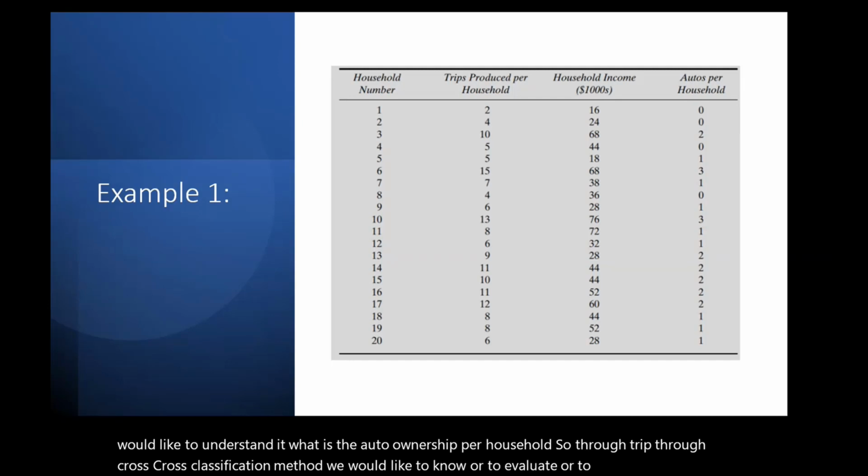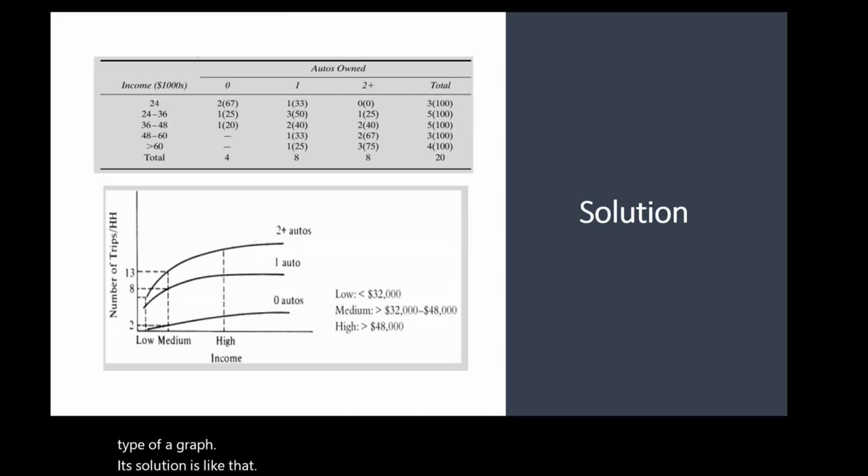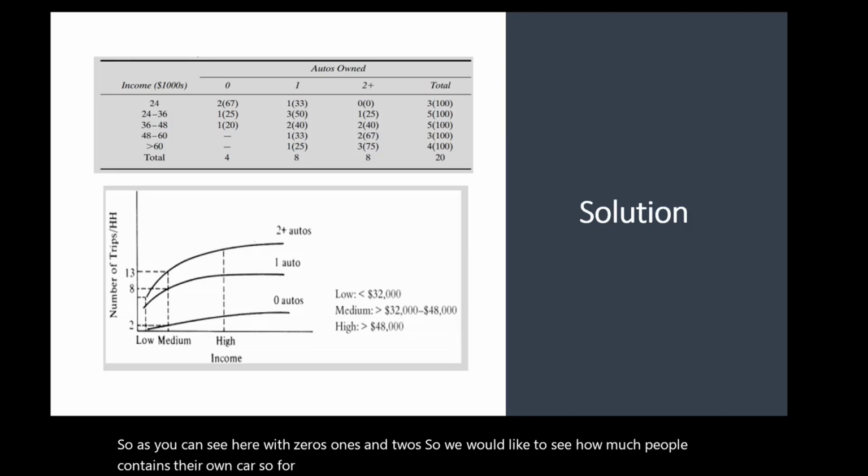of graph. Okay, its solution is like that: we categorize it into different income levels, as you can see here with zeros, ones, and twos. So we would like to see how many people have their own car. For example, as you can see in the top figure, we have 20 households, and almost eight of them have their own car.